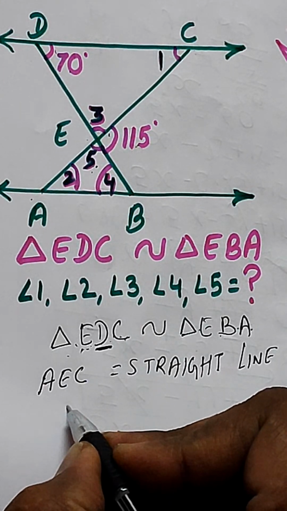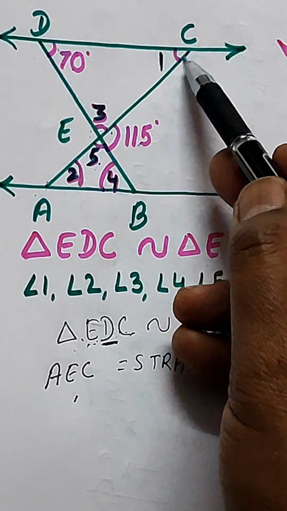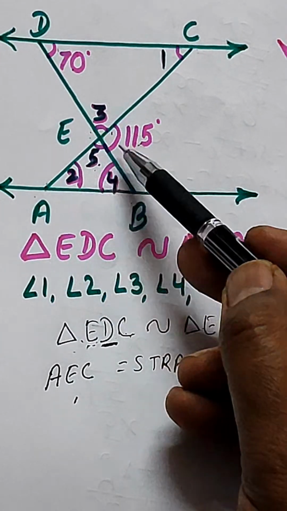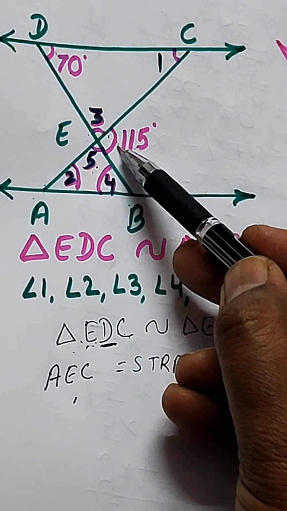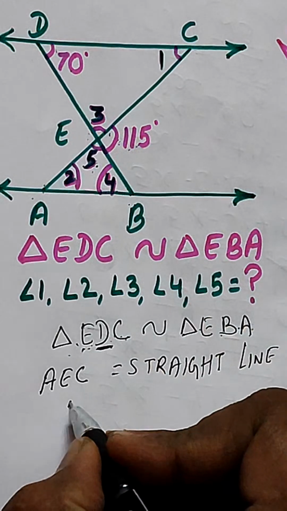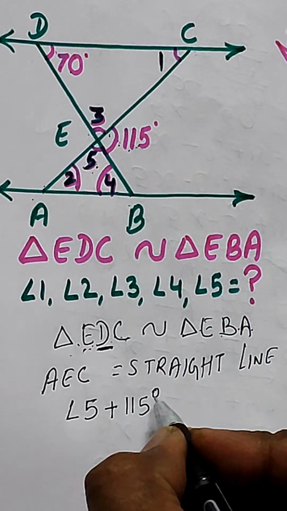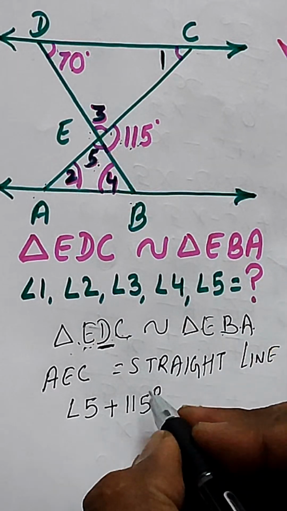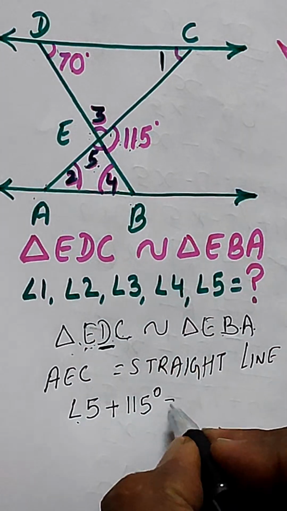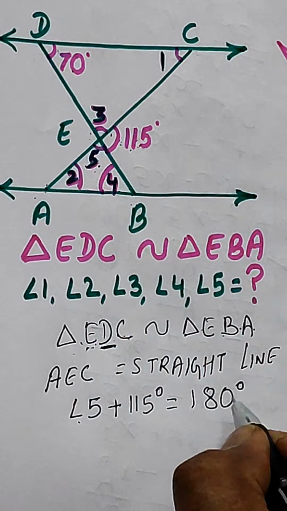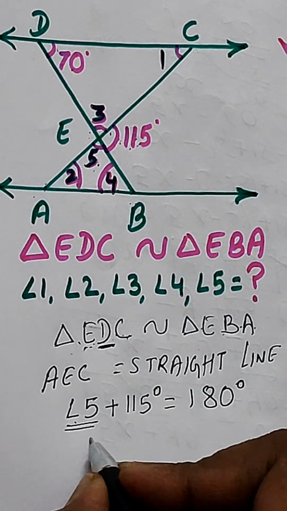Because for any straight line the angles formed are a linear pair, so angle 5 plus 115 degrees, which is given to you, will add up to 180 degrees. In this way angle 5 is calculated.